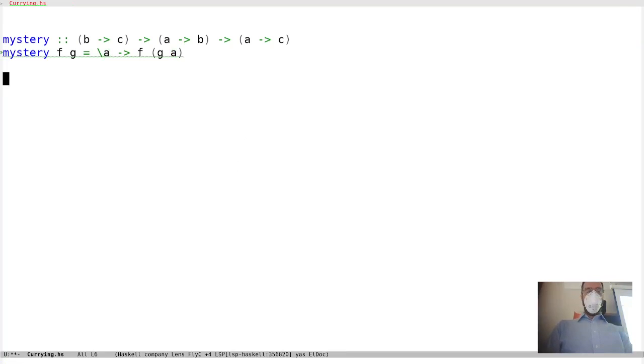Kind of like this. Here's my function F. F takes a B and returns a C. Actually, I should probably write them, well, yeah. Darn that Euler.